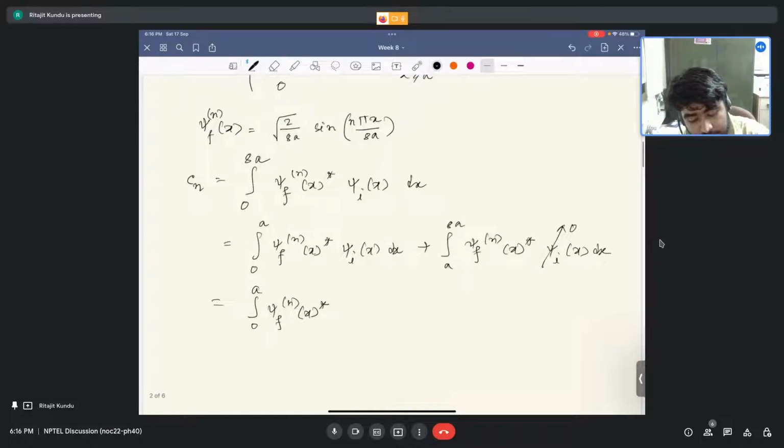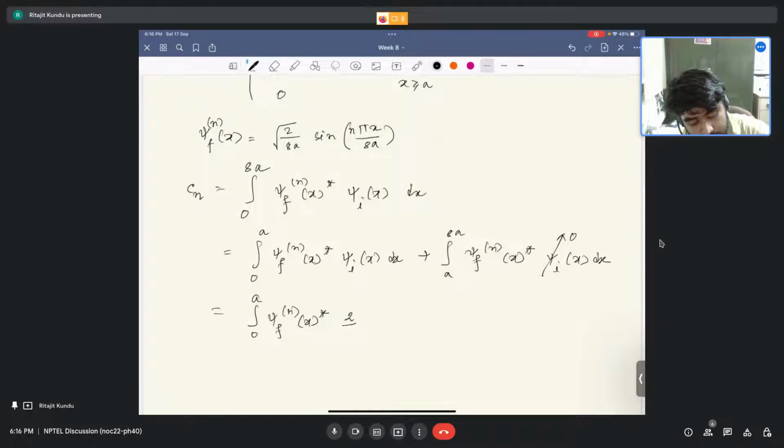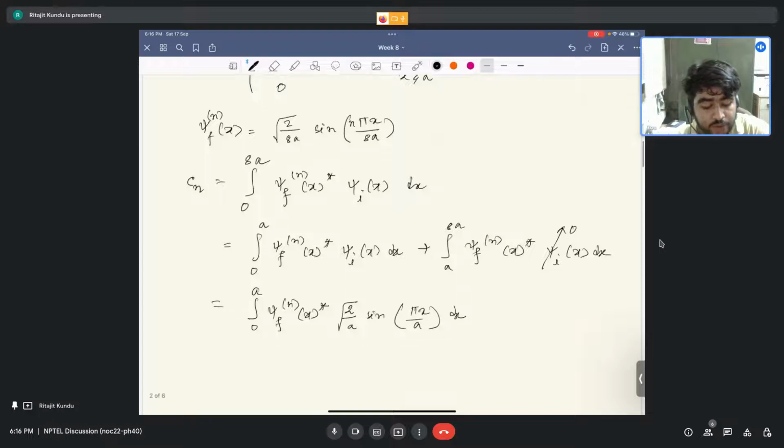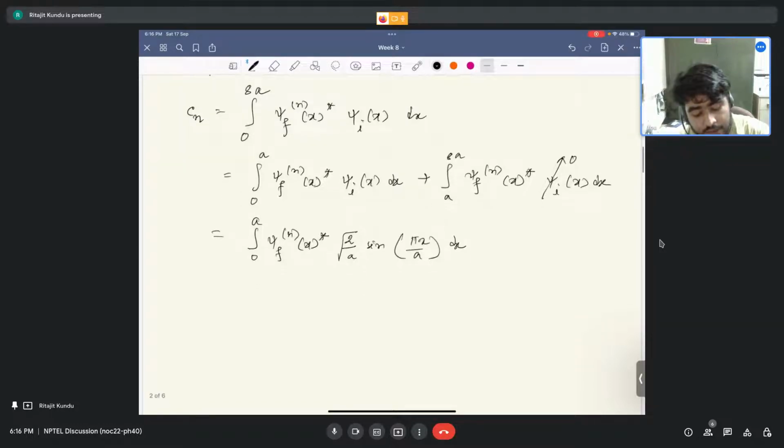So psi_i is given by 2 by square root a sine pi x by a. So this is the integration we have to perform. Let's also write psi_f^n. This is square root of 2 by 8a, sine n pi x by 8a.